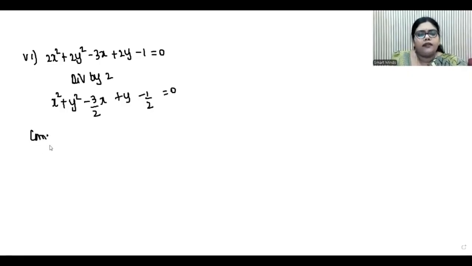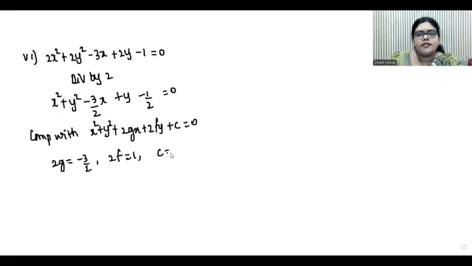Now comparing this equation with the general equation x² + y² + 2gx + 2fy + c = 0, 2g is −3/2, 2f is 1 and c is −1/2. So g is −3/4, f is 1/2 and c is −1/2.